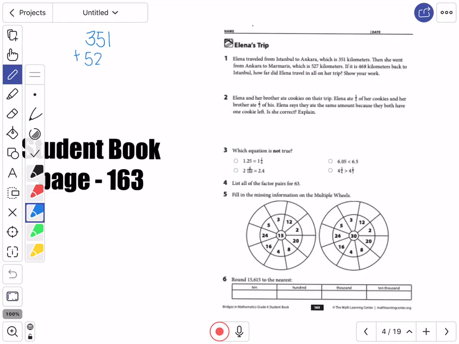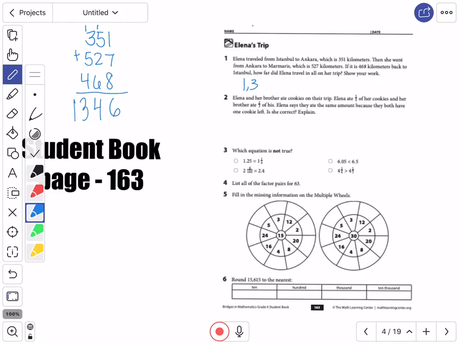Show your work. So basically what we want to do here, and you can go ahead and write this in your page, is we want to take 351 plus 527 plus 468. Now if we add all those together, 8 plus 7 plus 1, that's 16, okay? 5 plus 1 is 6, 6 plus 2 more is 8, and 8 plus 6 is 14.